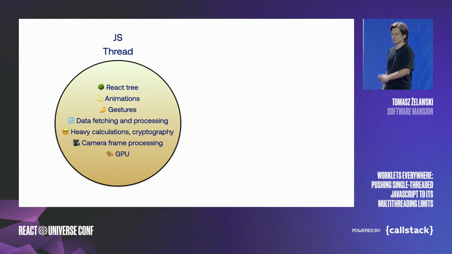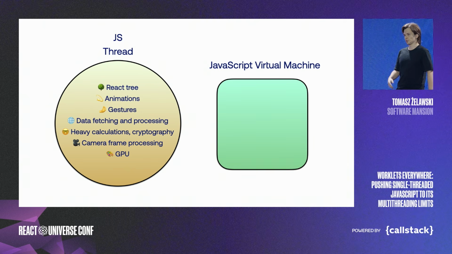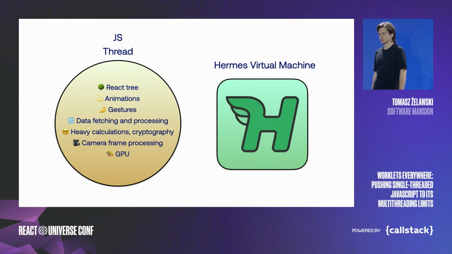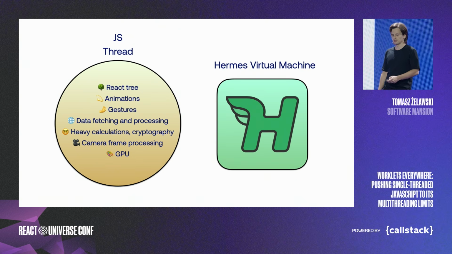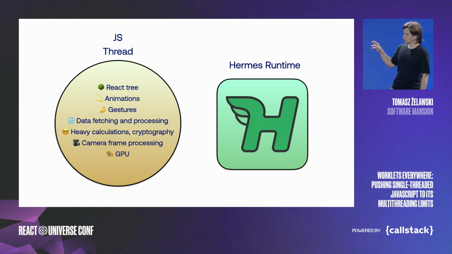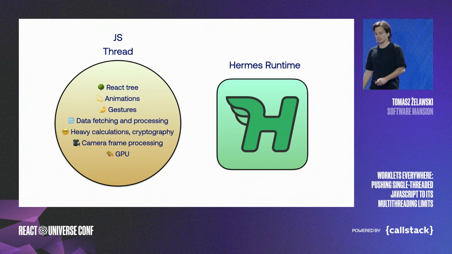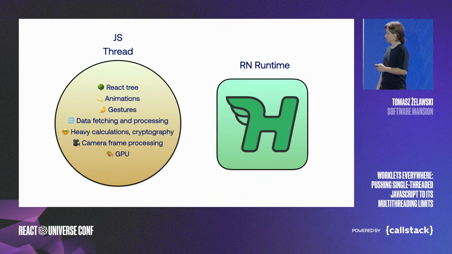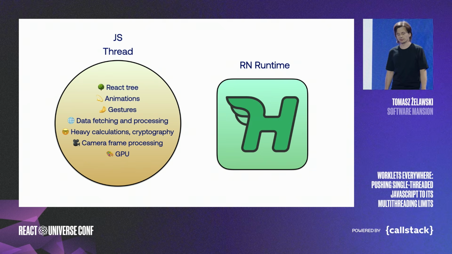And this tool is an instance of a JavaScript virtual machine, which in case of React Native is the Hermes virtual machine, which we refer to for short as Hermes runtime. And this runtime in particular, I like to call the React Native runtime, because this is the runtime where React lives, and this is the runtime created by React Native itself.